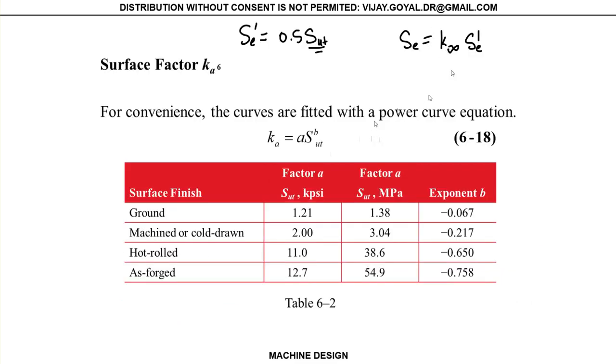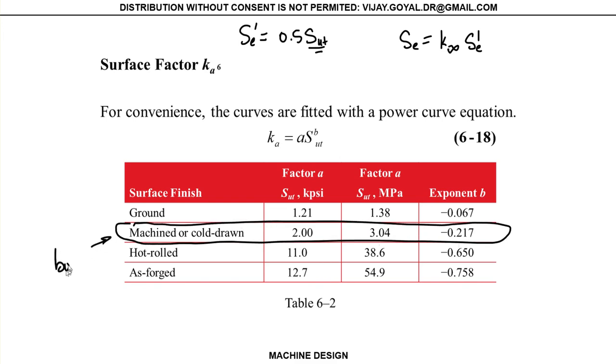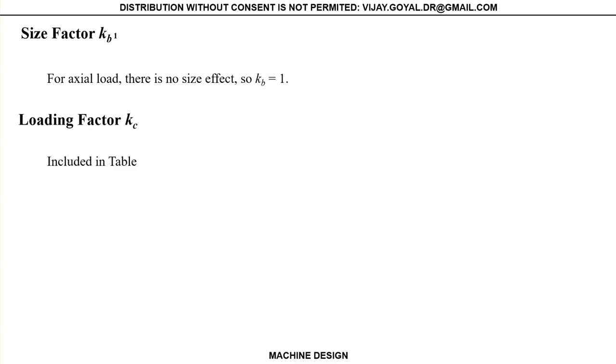If we did that, then you can find the surface factor. Remember, this is a screw, and this is machined. All the screws are machined. So this is the case that you will use for a bolt, a screw, a fastener. This is what you will be using because it is machined. The surface factor, you will put this equal to 0.